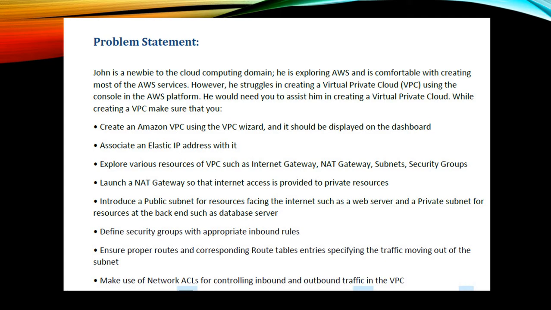And there are various subparts for the same. They've given us the guidelines of how to go about this problem statement. We need to create a VPC, associate an elastic IP address, explore various resources of VPC like Internet Gateway, NAT Gateway, subnets, security groups, to provide Internet access, introduce a public subnet and a private subnet as well, define the security groups with appropriate inbound rules, and ensure proper routes and corresponding route tables, and also make use of network ACLs for controlling the inbound and outbound traffic in the VPC.